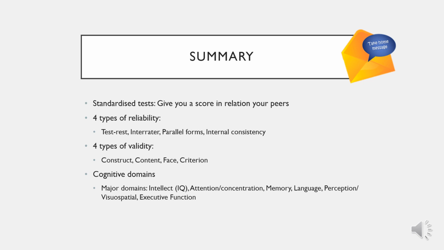Compiling and creating these cognitive tests is an incredibly complex and difficult and long procedure. However, we now have standardized tests of function in a number of cognitive domains, and we've looked at some of these, and they include measures of overall functions such as IQ and measures of really quite specific functions including language and memory and types of executive function.